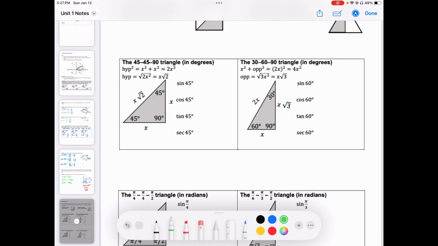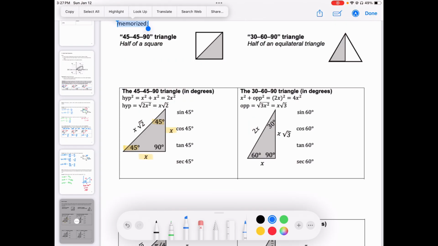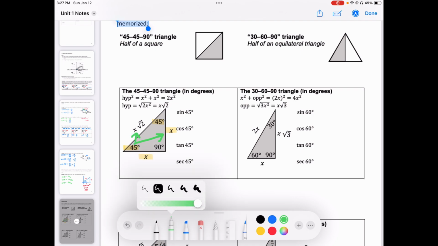Okay. Now, if you look at the first one on the left, you'll see that it has two sides that are 45 degrees, which means that those corresponding sides are also the same. Now, if we're interested in finding sine of 45 degrees, from either side, we would have the opposite and then the hypotenuse, so x over x root 2, which is the same thing as 1 over root 2.